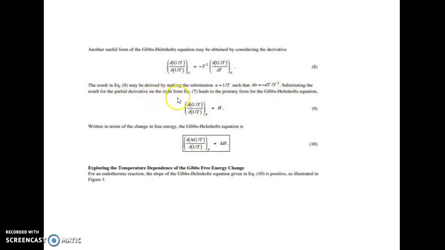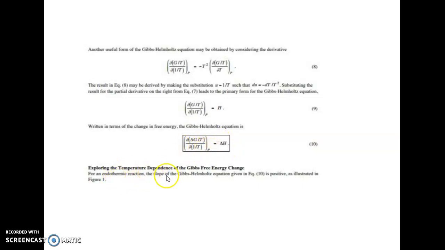Substituting the result for the partial derivative from equation 7 leads to the primary form of the Gibbs-Helmholtz equation, d(G/T)/d(1/T) at P is equal to H. Written in terms of change in free energy, the Gibbs-Helmholtz equation will become d(ΔG/T)/d(1/T) at P is equal to ΔH.